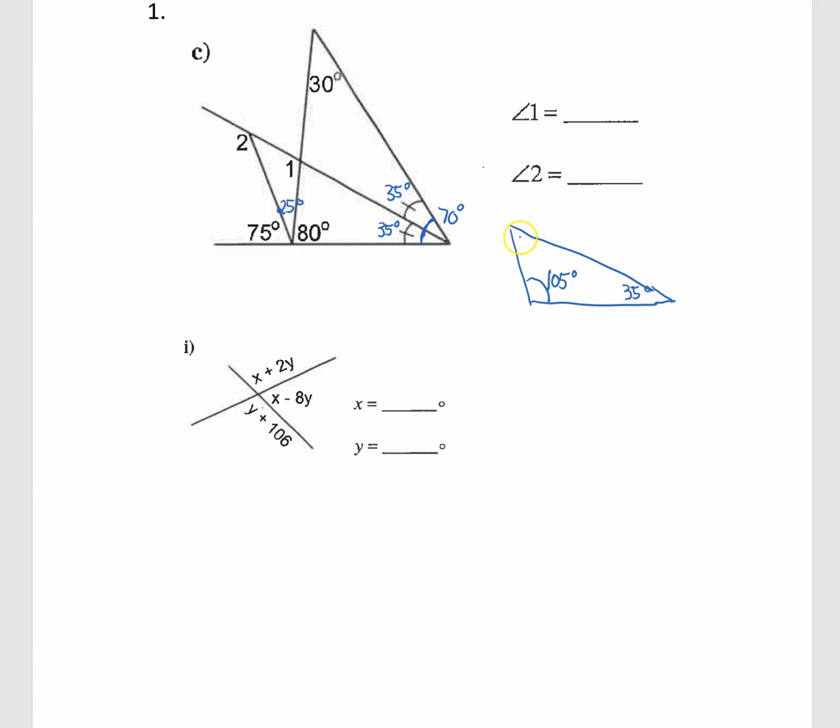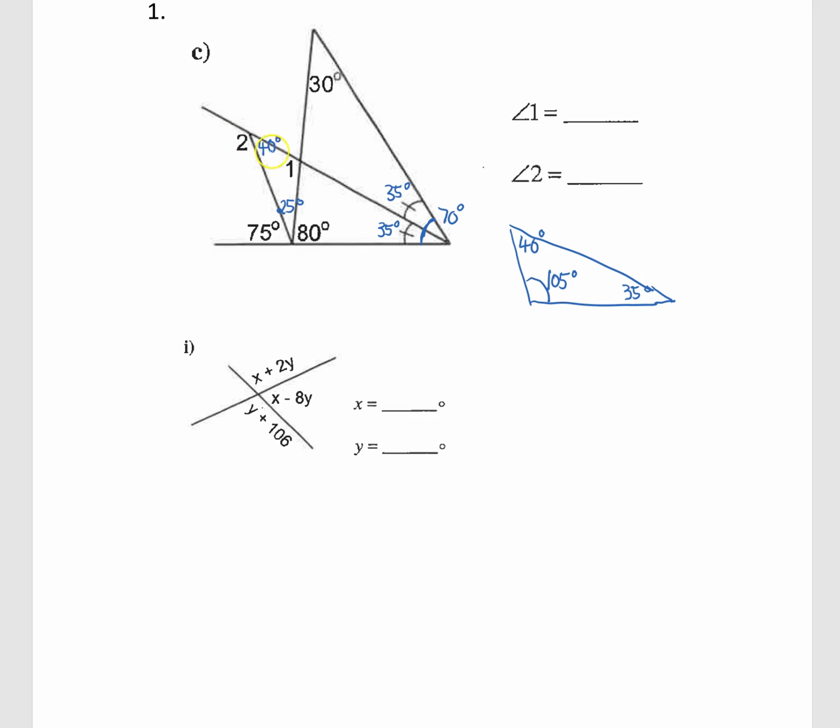So now we can figure out this last angle, knowing that all the angles have to add up to 180. So 180 minus 105 minus 35 is 40 degrees. So that means that this angle up here is 40 degrees.